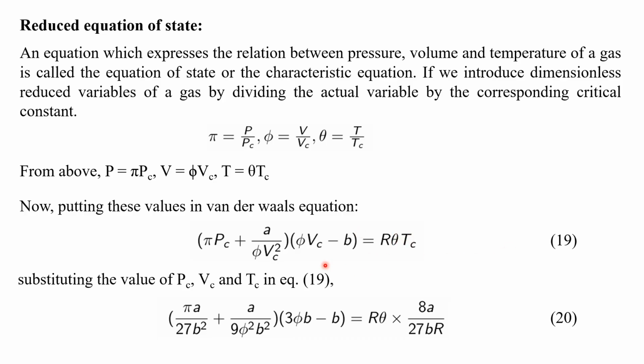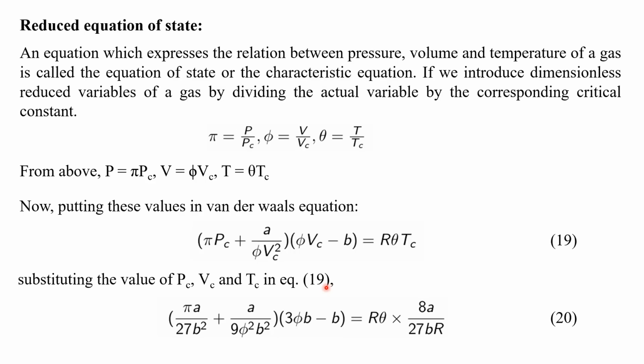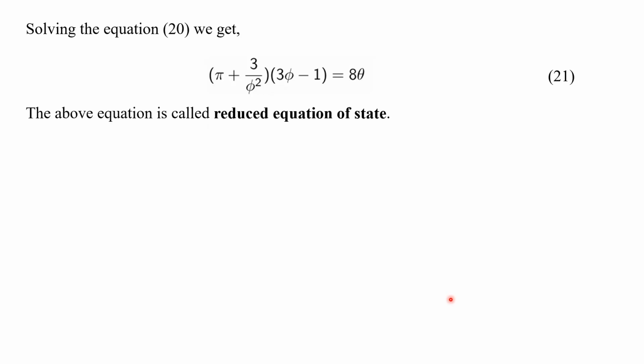Now we substitute the values of Pc, Vc and Tc in equation 19, and we get equation 20. If we solve equation 20, we get this expression. This equation is called the reduced equation of state.